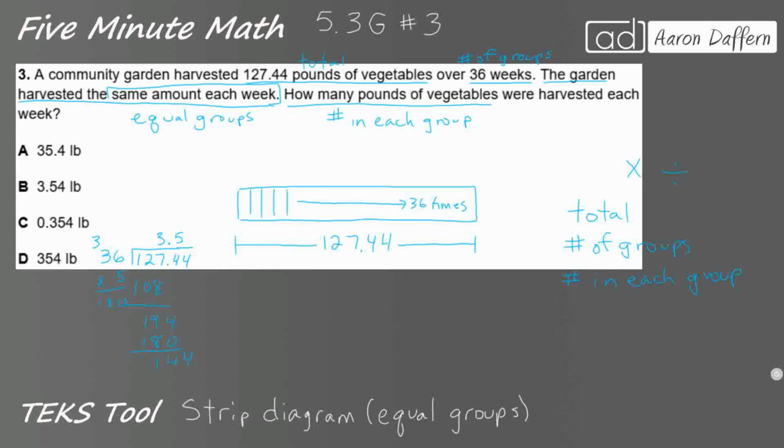And then that is going to be 6. 36 times 6 is going to be 144. That's too big, so let's make that a 4. 36 times 4 is 144. There we go. All right, so 3.54, our answer is B.